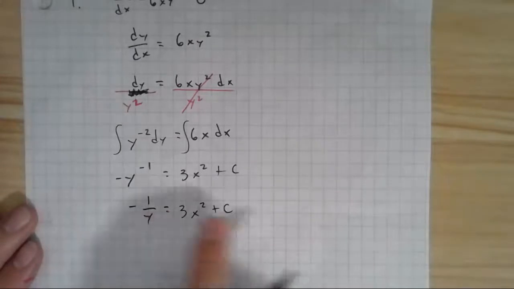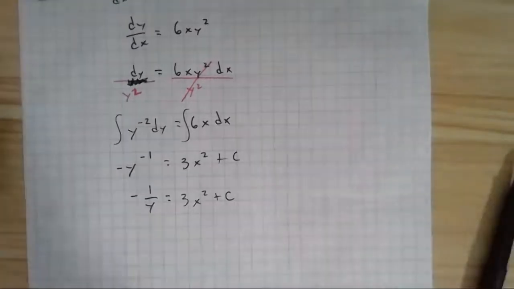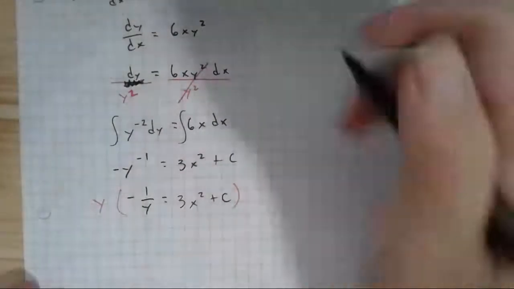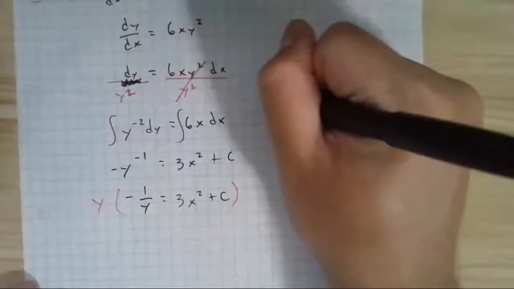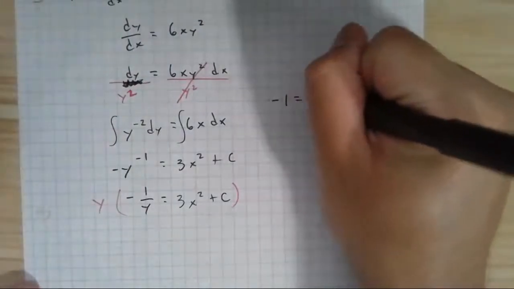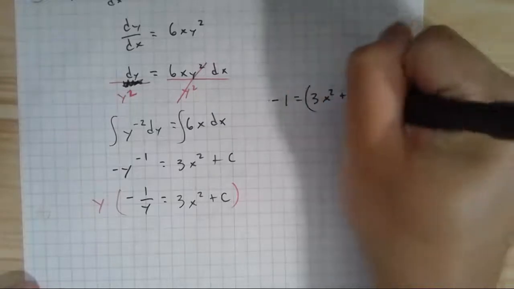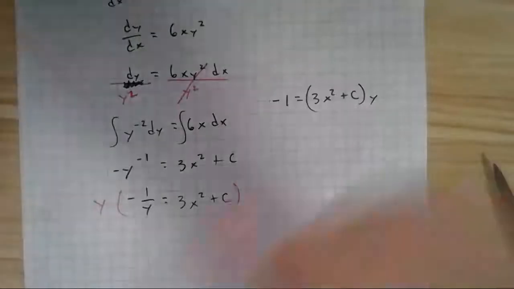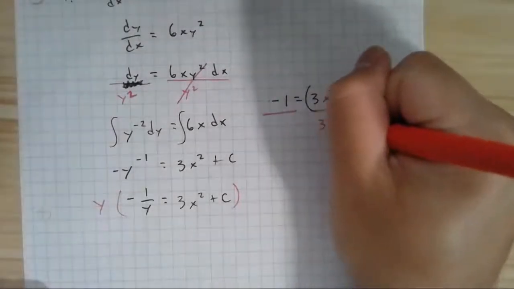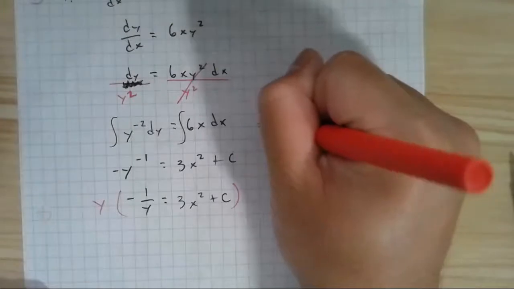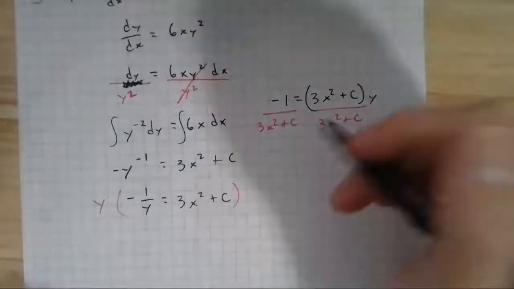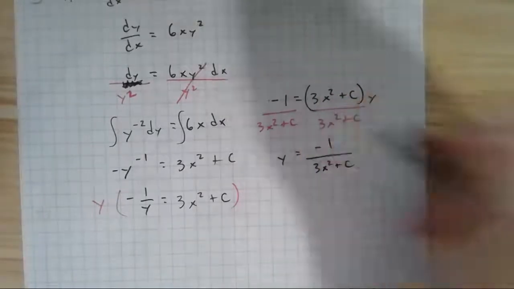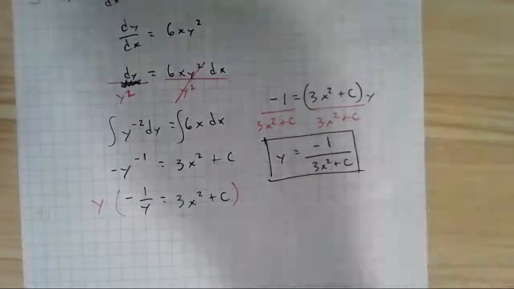I can multiply both sides by y. What that's going to do is the y's will cancel on the left side, so I get left with negative 1 is equal to 3x squared plus c times y. Divide both sides by 3x squared plus c. Those will cancel, and I'll have y is equal to negative 1 over 3x squared plus c. This would be the general solution.